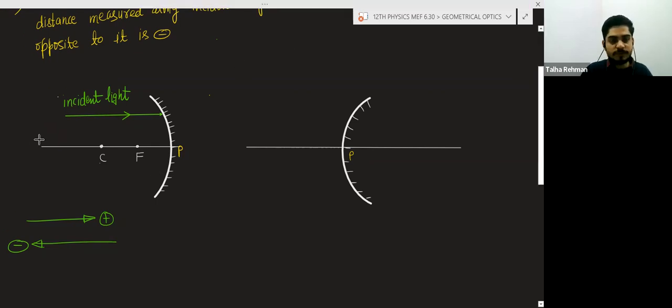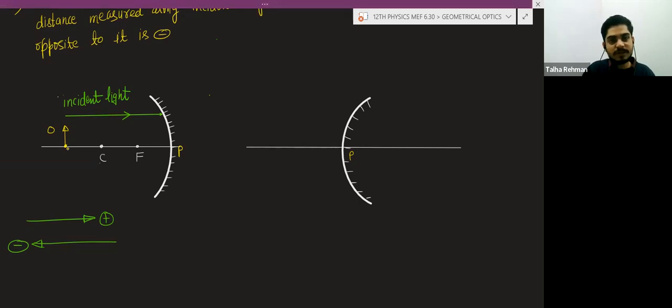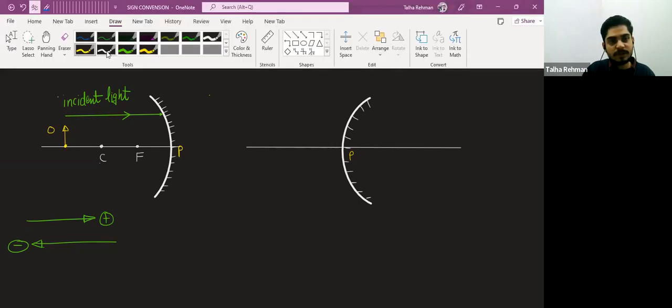For this mirror, suppose an object O is placed here. Now I want to measure the distance of this object. So from where will I measure the distance? From the pole I will measure the distance. You can see I will measure the distance like this.